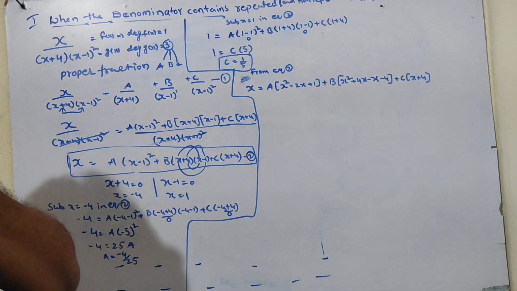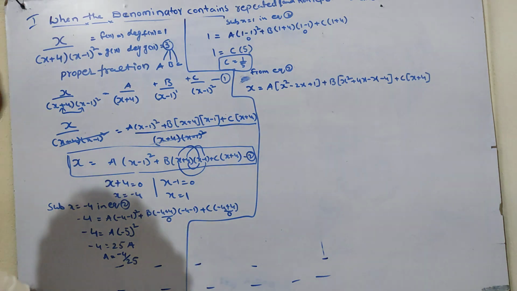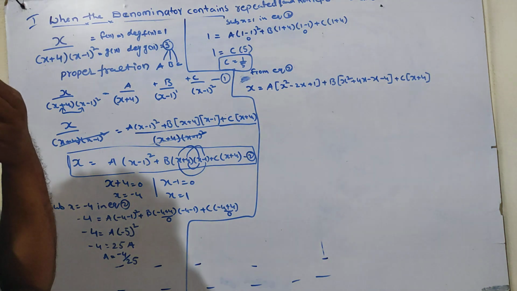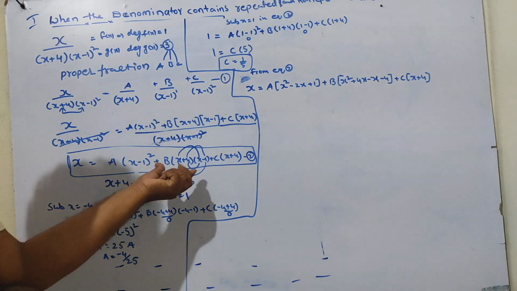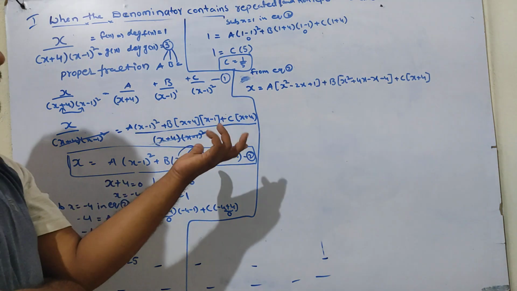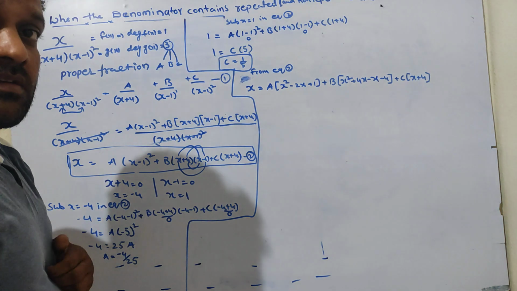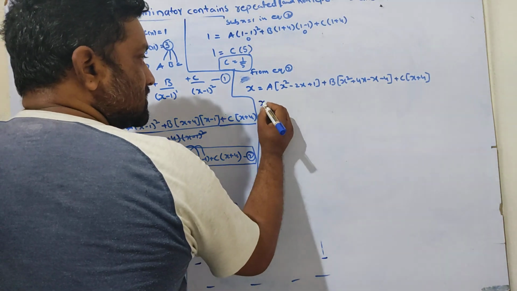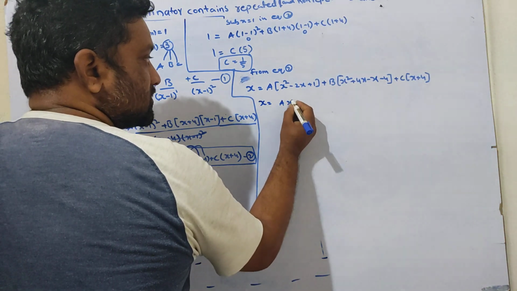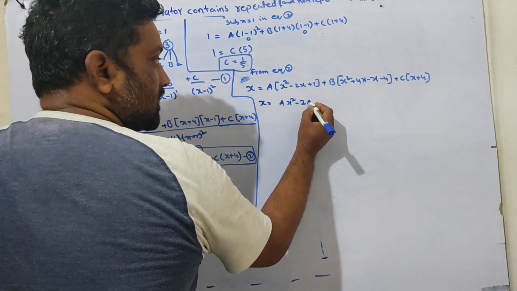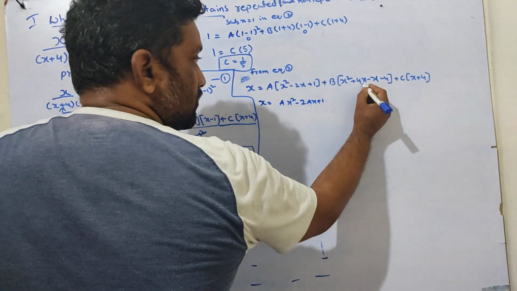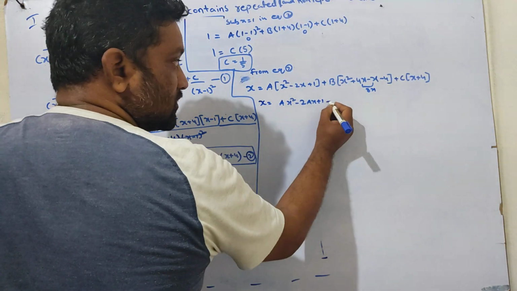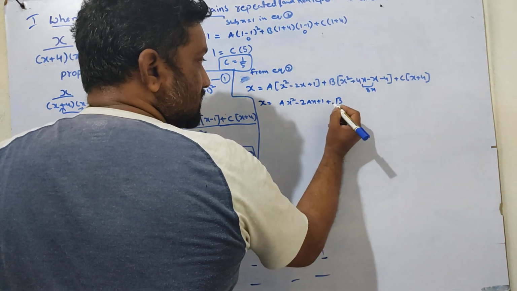In that case we do not have a linear polynomial, only two and one is repeating. That's why we are expanding this equation. At that time we will get the expanded equation. After that we multiply it. x is equal to a of x square minus 2ax plus 1, plus b of x square plus 3x minus 4, that is equal to bx square.